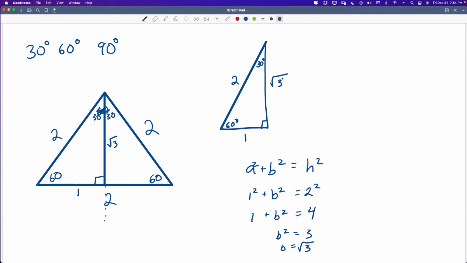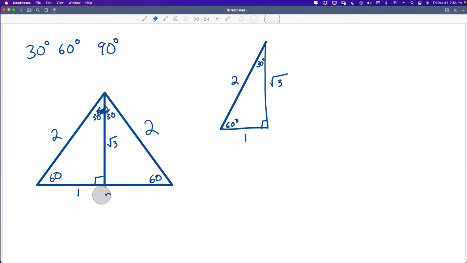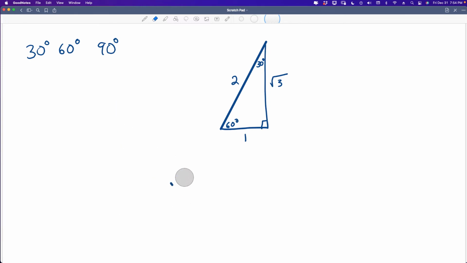All right, so let's try one. I'm going to just erase this bit here. If you want to, you can rewind and make all those notes. But we're going to use similar triangles to find x and y. And I am going to erase the dimensions here.